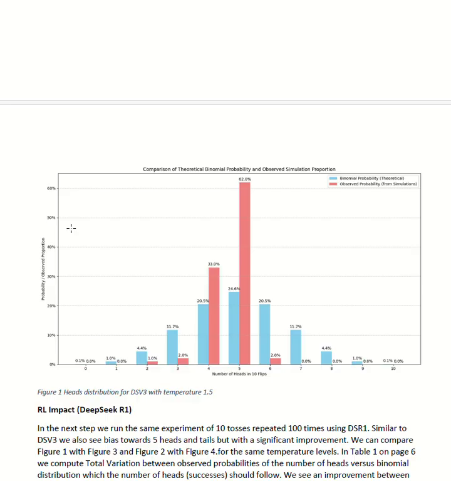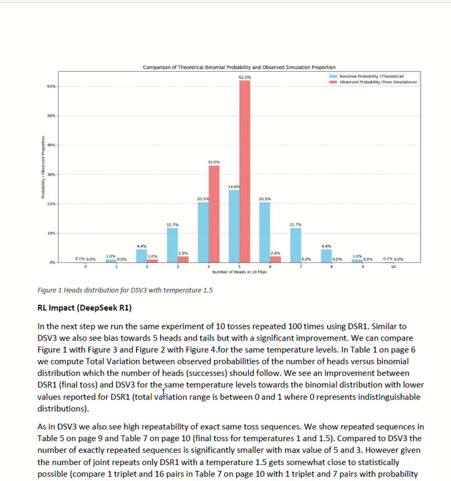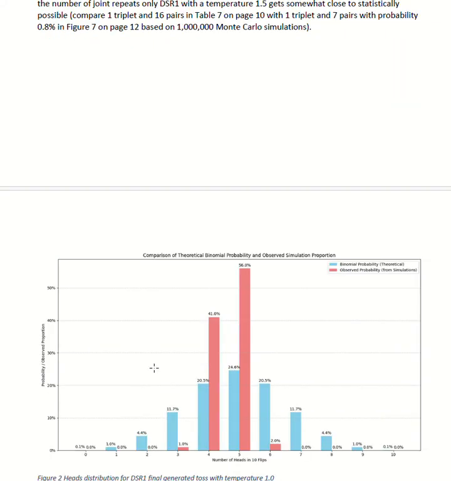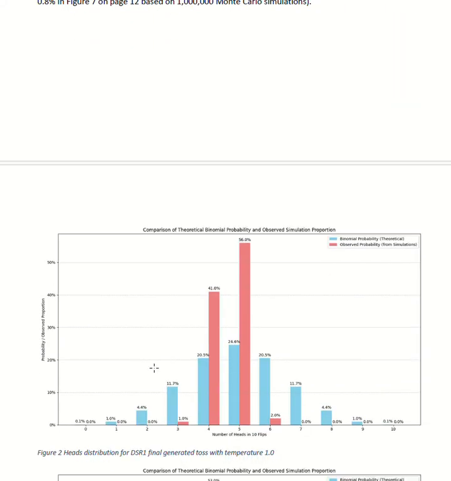That is unrealistic compared to the blue binomial distribution. There are too many 5 to 5 results. Then I ask the same thing for DeepSeek R1, and we see that there is still a tendency for an equal number of heads and tails, but it's already lower than for the base DeepSeek v3. So we could see that with reinforcement learning, these results become more realistic.